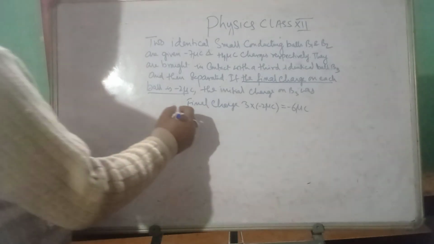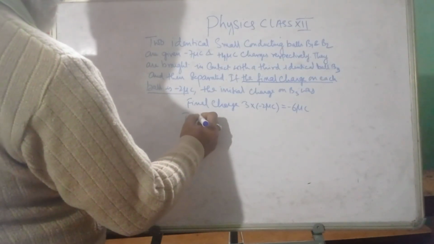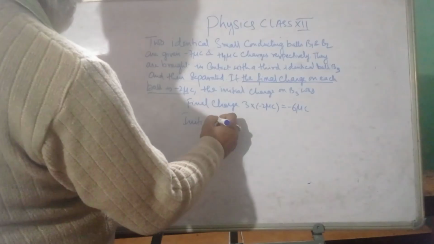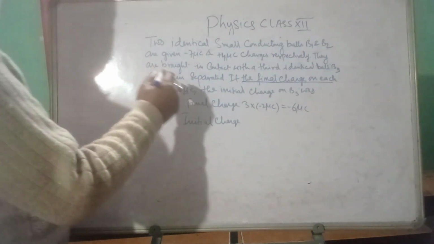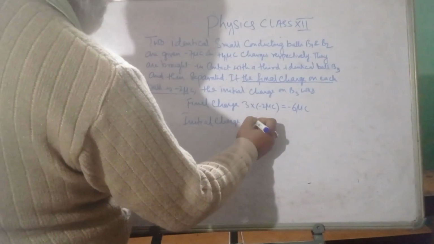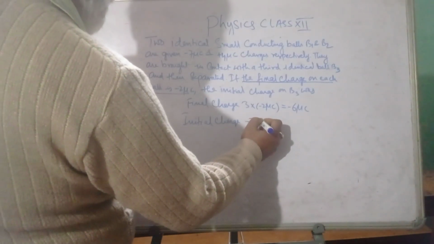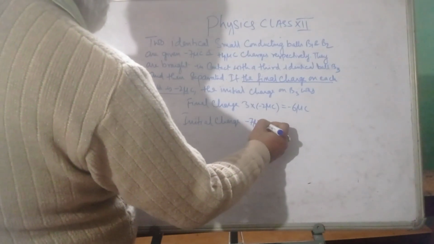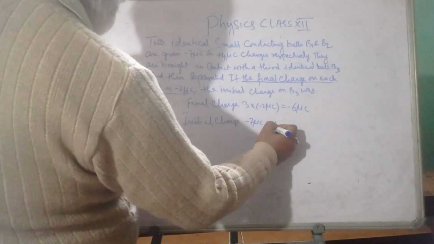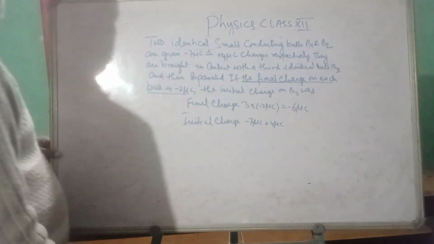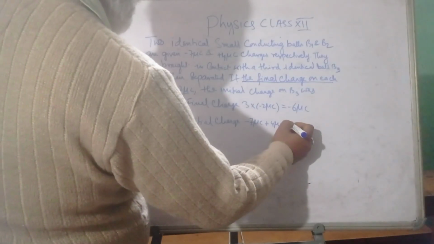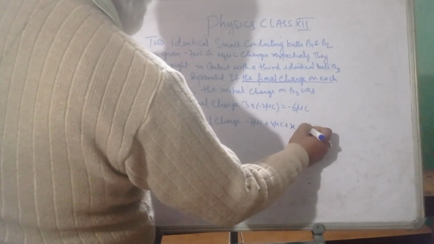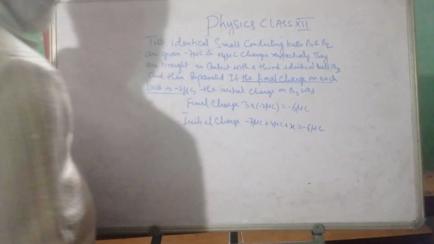And your initial charge will be, that is your B1, it is given to you as minus 7 microcoulomb, and B2 is given as plus 4 microcoulomb, and the third charge, let this be X, is equal to minus 6 microcoulomb.